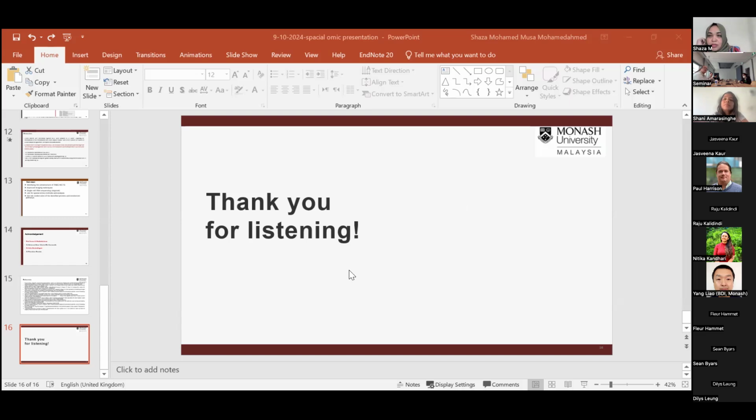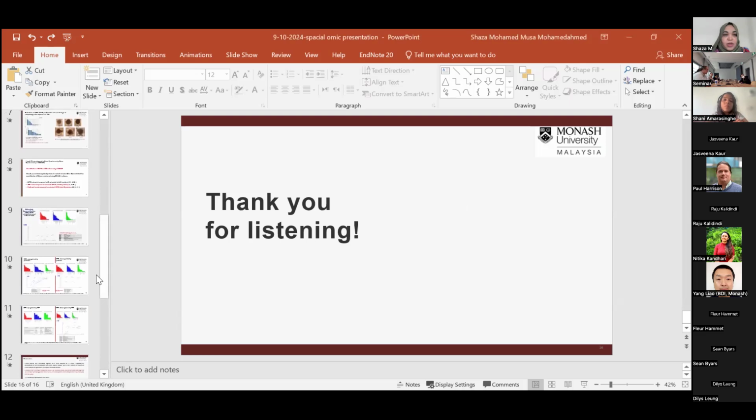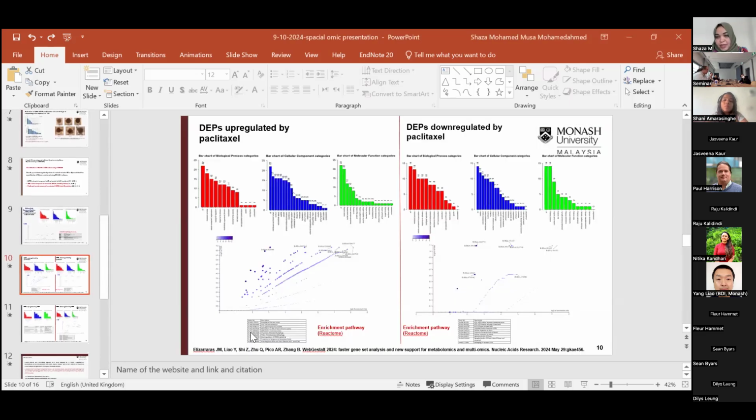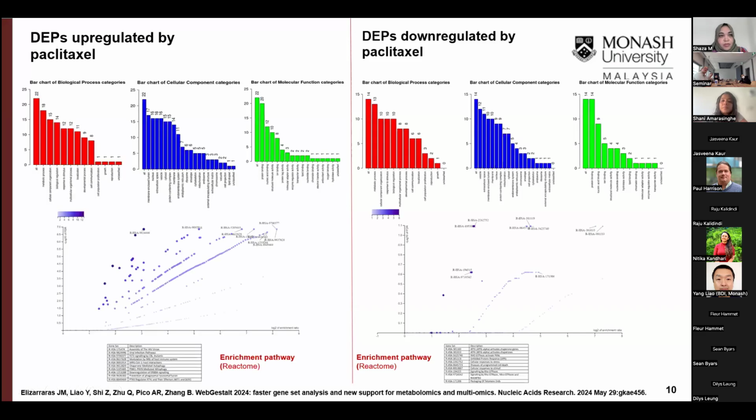Can we flick back to the volcano plots? Which one? Yeah, so that one on the left, for example. Yeah, I don't know, maybe this happens in mass spec, but it's a strange sort of pattern of curvy lines.